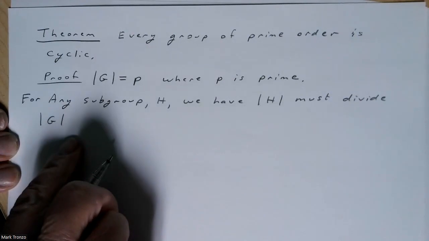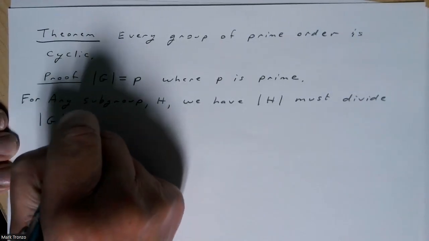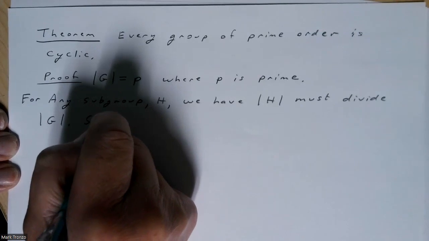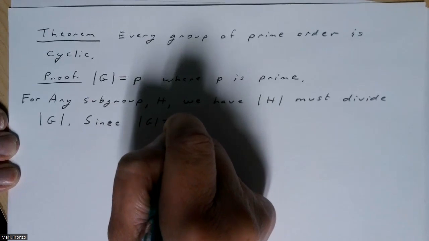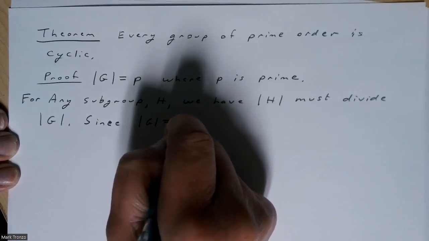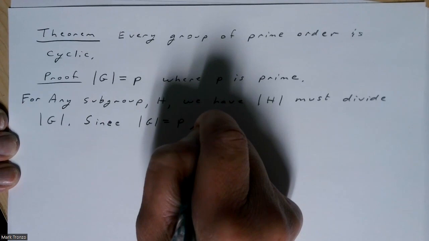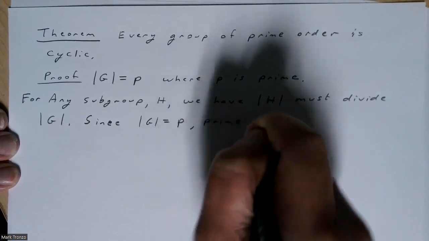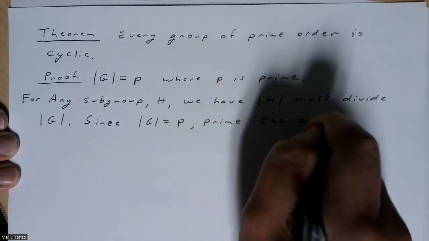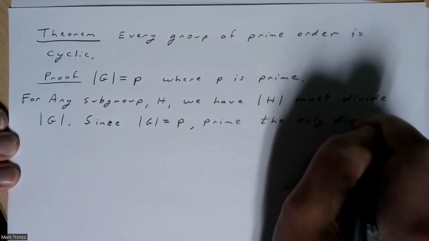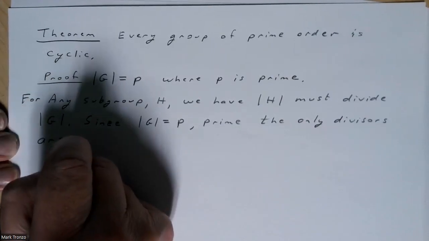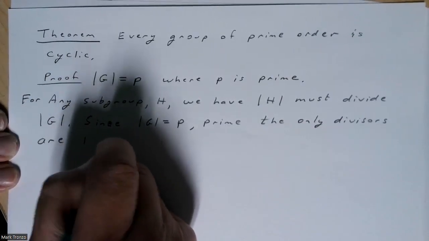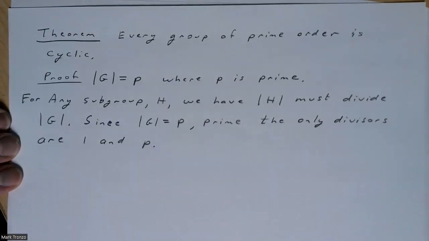The order of H must divide the order of G, but since the order of G is prime, the only divisors are 1 and that prime number p. Nothing else will divide a prime number.